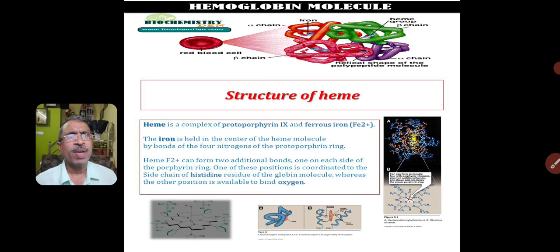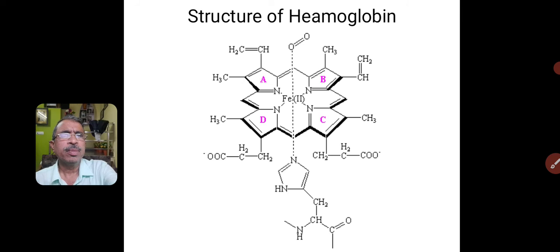This is what I have explained earlier. Here I have shown the structure of hemoglobin. Go through this structure, students; you must be able to draw the structure of hemoglobin.